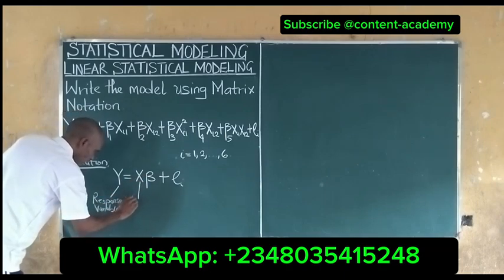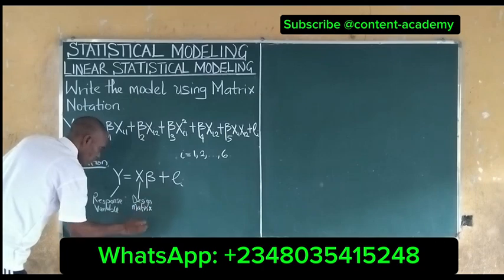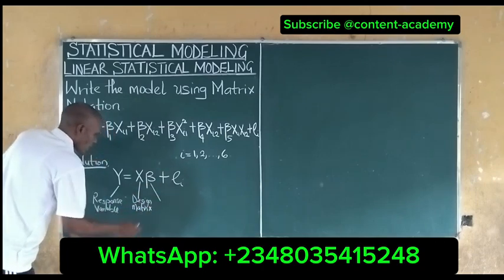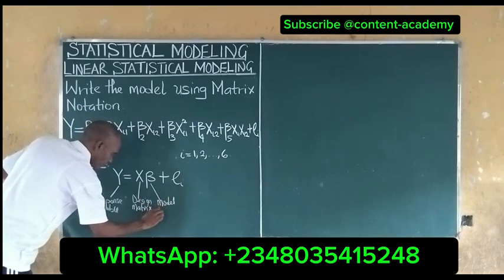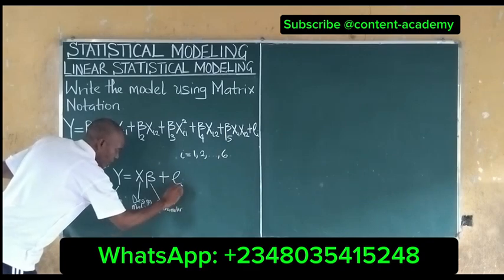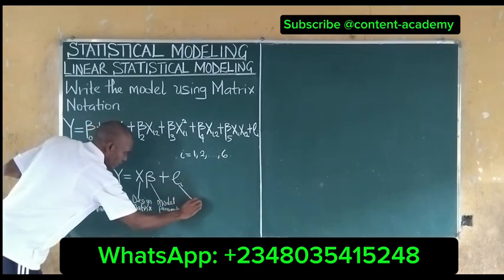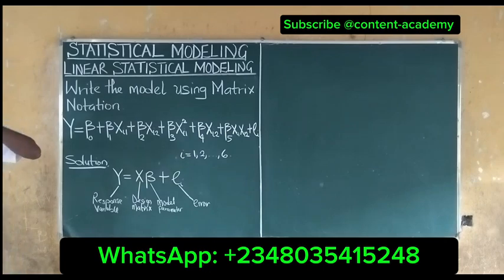X is our design matrix. The B is our model parameter. And E is our error, or you can call it random error.